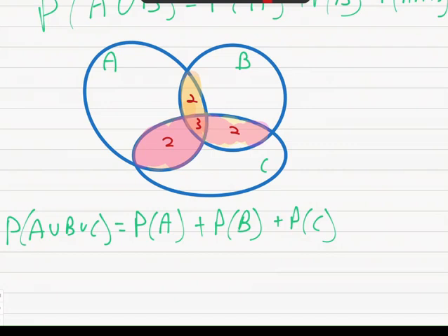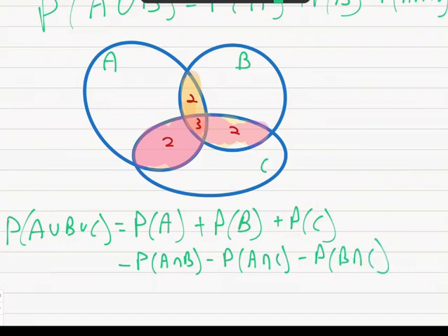So what we're going to do is going to look very similar to what we did before. We are going to subtract the two-way intersections. So I'm going to subtract the probability of A intersect B, and I'm also going to subtract the probability of A intersect C, and finally I'm going to subtract the probability of B intersect C. Okay, so now what's happened? So when I subtract A intersect B, I've gotten rid of one of these two, and then when I subtract B intersect C, I've gotten rid of it, right?